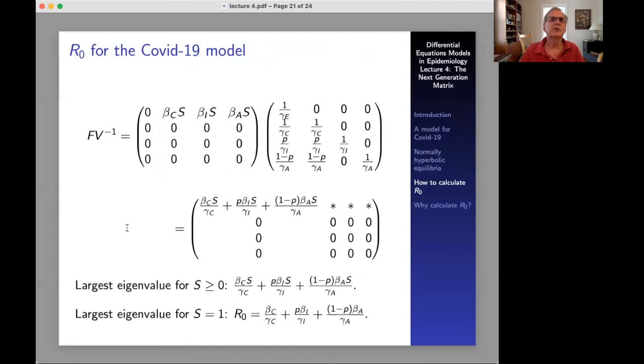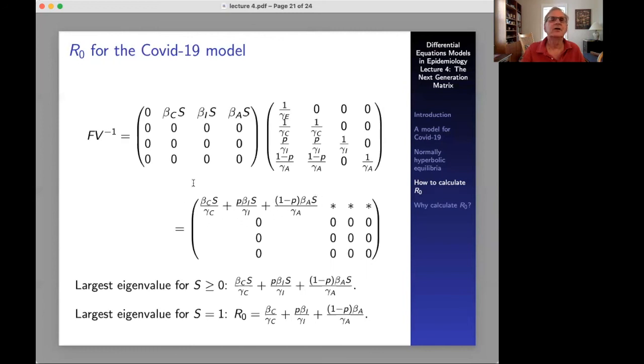Let's see how this works out for the COVID-19 model. FV inverse, we already calculated. This is the matrix we got. It's a matrix with all zeros below the diagonal. Therefore, the eigenvalues are the diagonal entries.